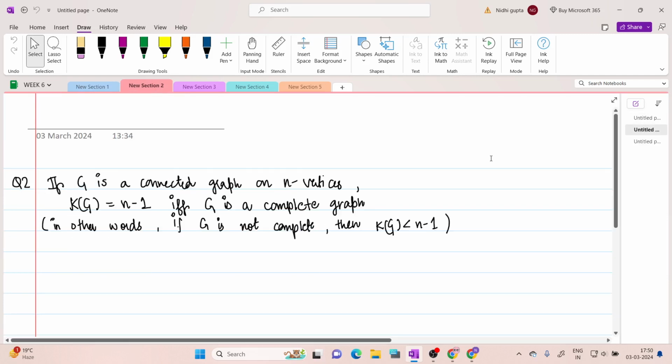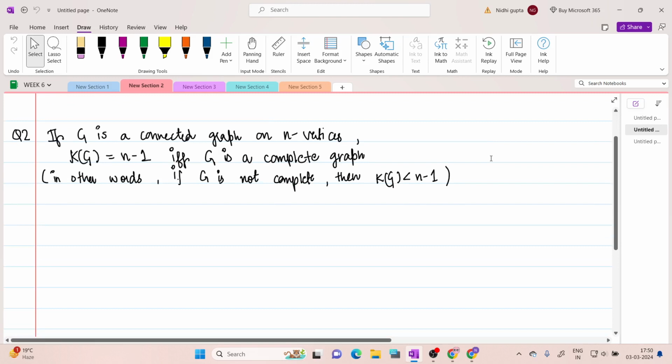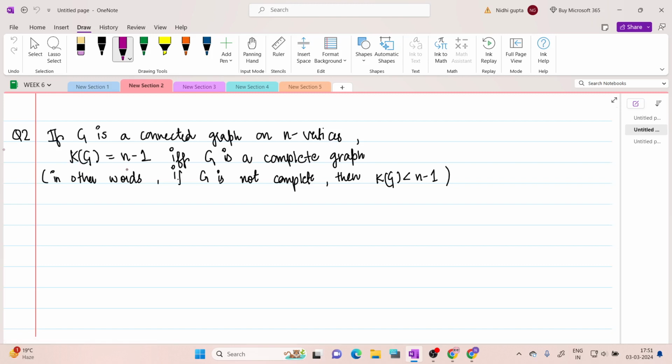More questions. Now the next question is, before we go to two connected. If G is a connected graph on n vertices, then the claim is that the vertex connectivity of G is n minus 1 if and only if G is a complete graph. We proved one condition, that if G is equal to Kn, then vertex connectivity is n minus 1.